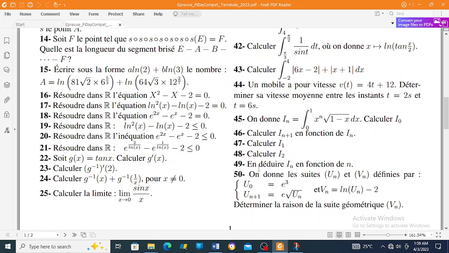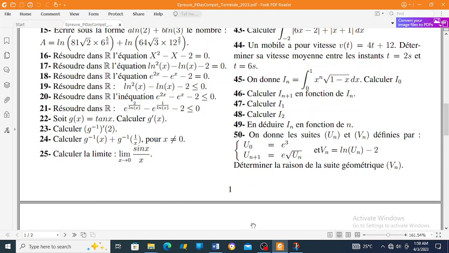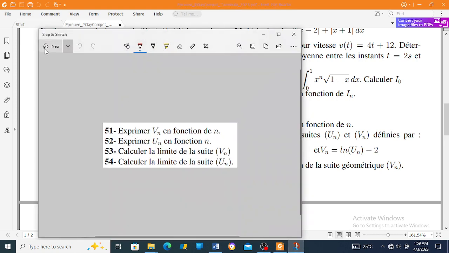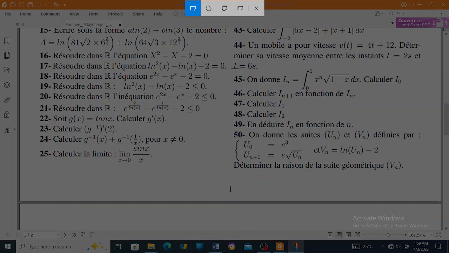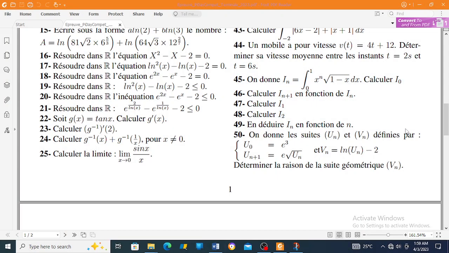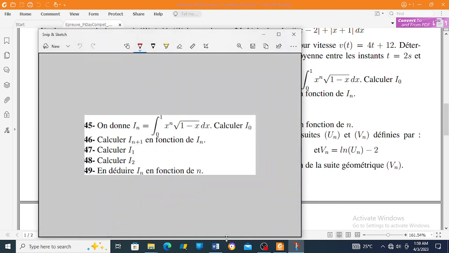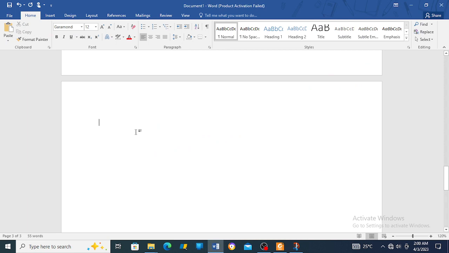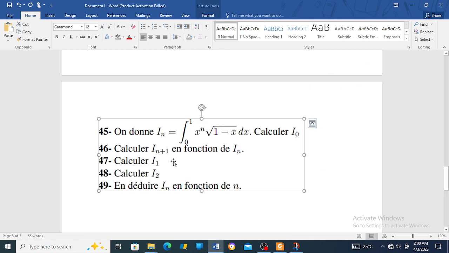And 49, deduce I_n as a function of n. So like we crop the equation and then we solve together. So we are solving from question 45 to question 49. Okay, so I'm just going to drop the equations here.